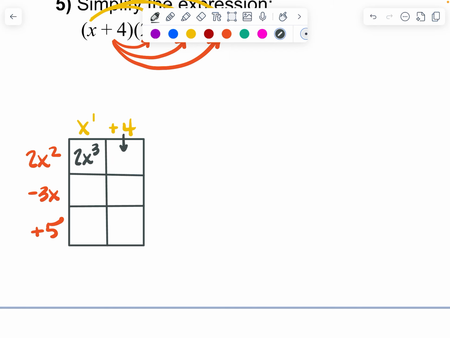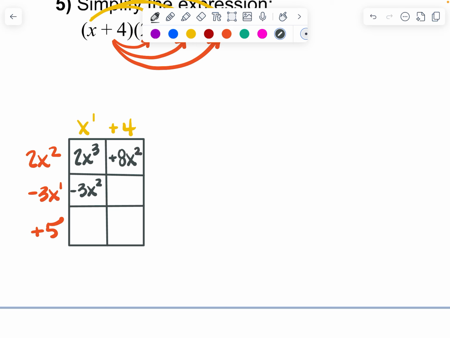And then to get this box, we multiply positive 4 times 2x squared, which gives us positive, I always like to put the sign in the box with the term, positive 8x squared. Then we want to multiply x times negative 3x to get that box. Well, keep in mind, this is an understood 1 also, so when I multiply, I add the exponents, and I'm going to get negative 3x squared.